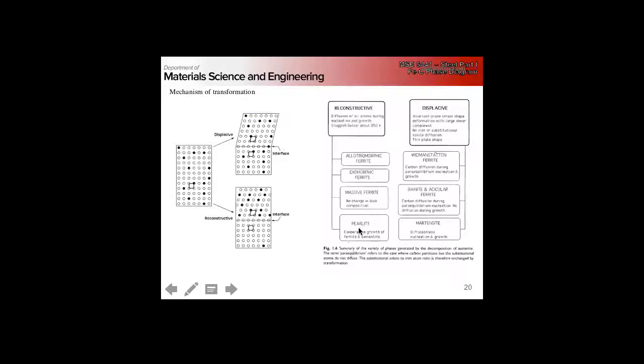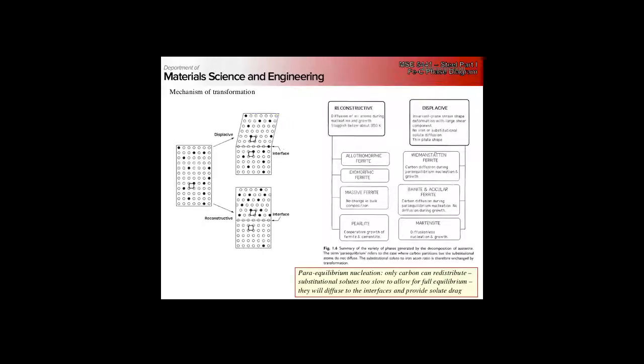The growth of pearlite is reconstructive. These happen mainly or completely by short range and long range diffusion. But we have a whole bunch of mechanisms that are displacive and mechanical in nature, actual physical shearing of our material.